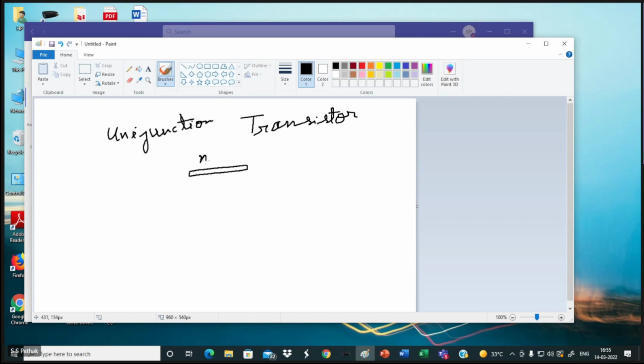So we take an N-type silicon bar, and you have made an ohmic contact here. Here also it is an ohmic contact.